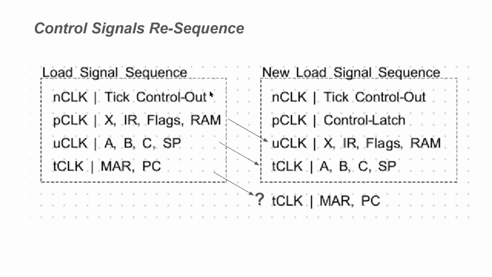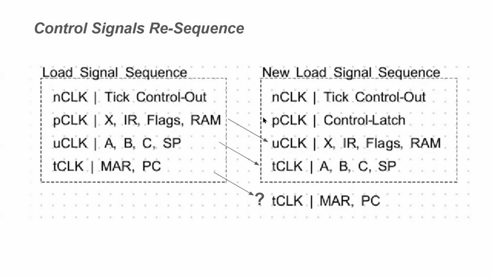So we see that on our not clock, it updates the tick counter, and it also enables the control signal output, right? This essentially starts the timer for our 150 nanosecond delay. Now we're going to have a control latch that's going to latch the outputs from the EPROMs in a known state, so they stay consistent for as long as we need them to be consistent.